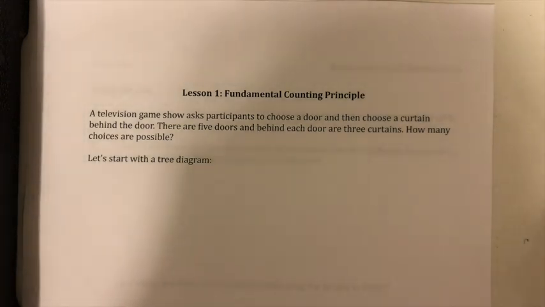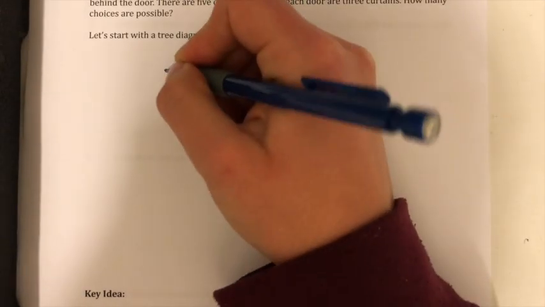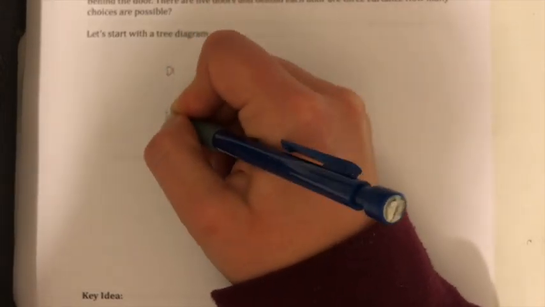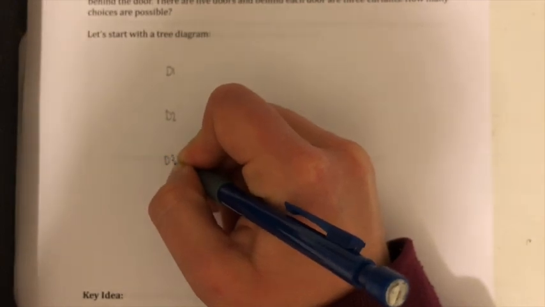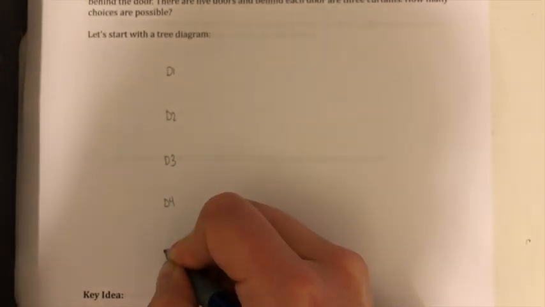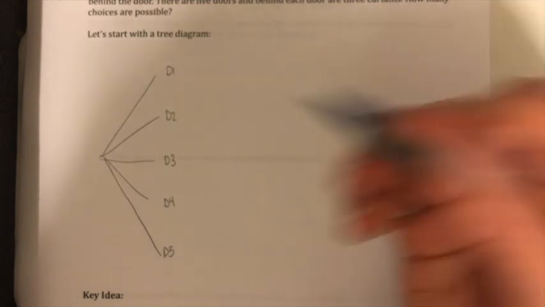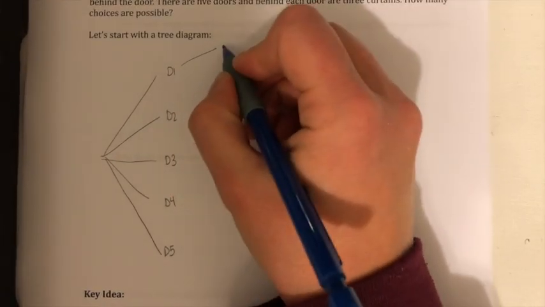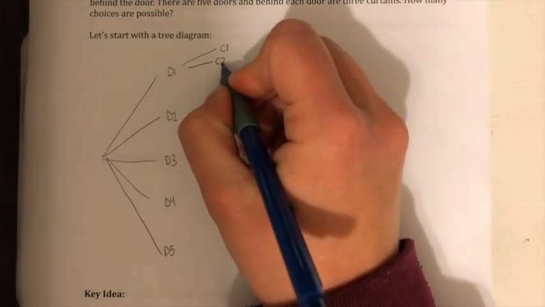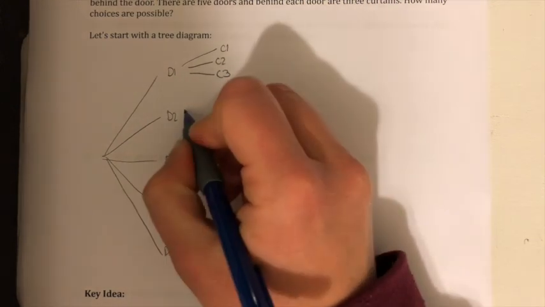Okay, so we're going to start with a tree diagram. If we have door 1, door 2, door 3, door 4, and door 5 as our potential options for our first choice, then from each of those we have curtain 1, curtain 2, curtain 3.